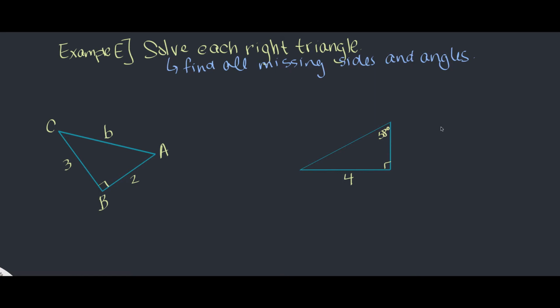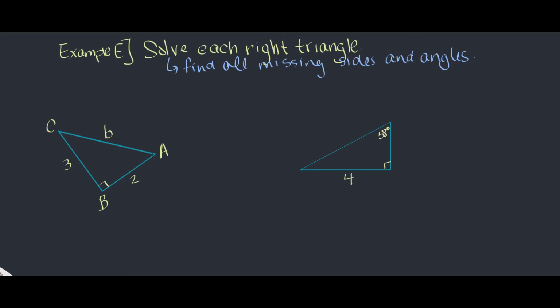Usually you have to use trigonometry for at least one of the sides or angles, but then you can use the fact that the three angles of a triangle add up to 180, or you could use the Pythagorean theorem to find the third side or the third angle, depending on what you're looking at.